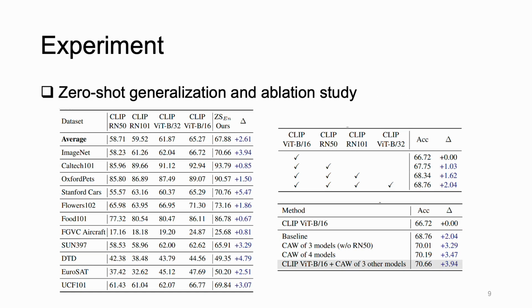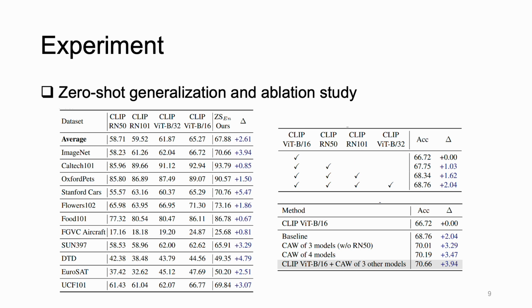So first is the zero-shot generalization and ablation study. We can see that in the left table. With the ensemble strategy, the performance can always be improved, especially there is a huge performance gap between the highest performing model and our model.